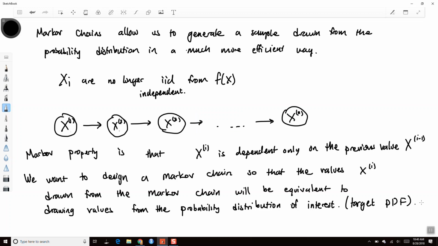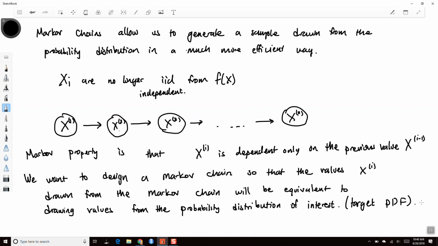So, we're gonna set up a chain, and to draw values from a chain, we'll talk about what all that means. But basically, we're gonna have some kind of rules for how to generate values. Okay, and these rules for generating values will depend on our current value, okay? And that's what makes it a Markov chain. So we start off with a current value, we follow the rules for generating the next value, we get a new value, and we go, okay, let's look at the rules for generating the next value.